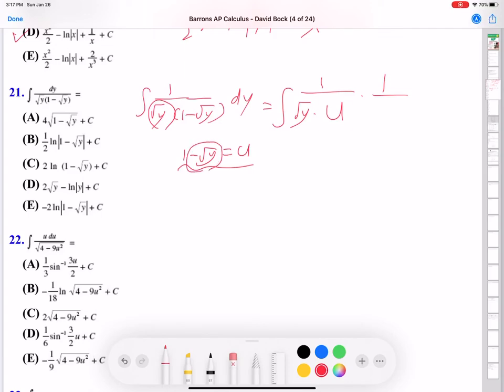The derivative of root x was 1/(2 root x), right? And negative, so negative 1/(2 root y). That is the derivative of the u part. And then du.